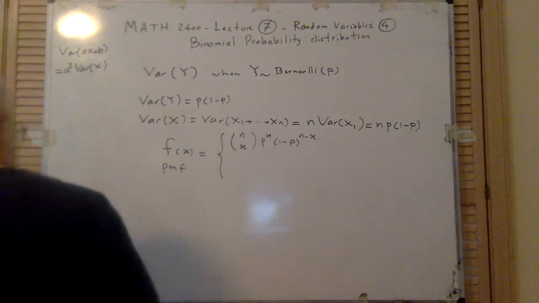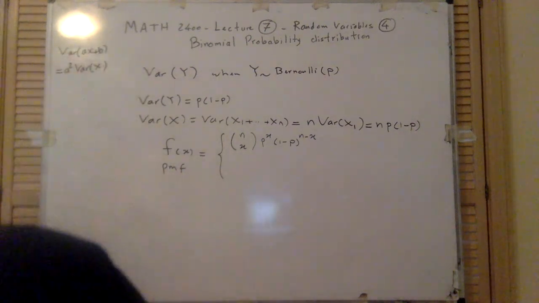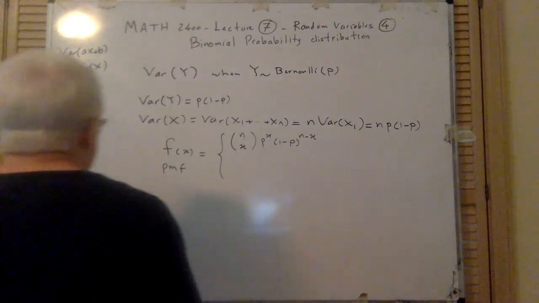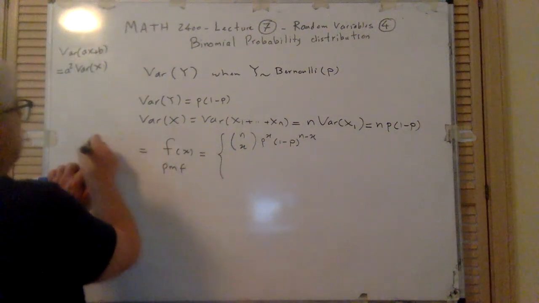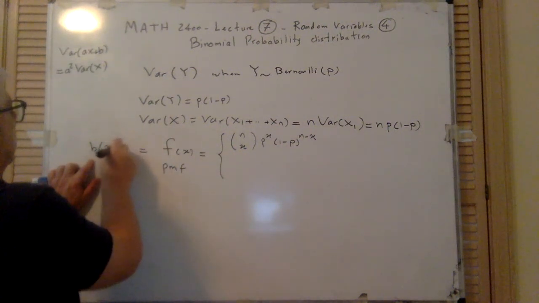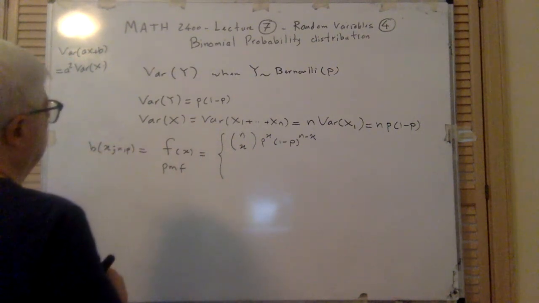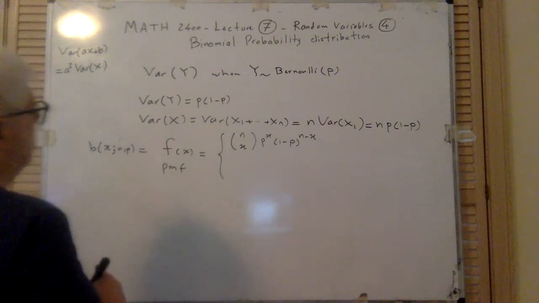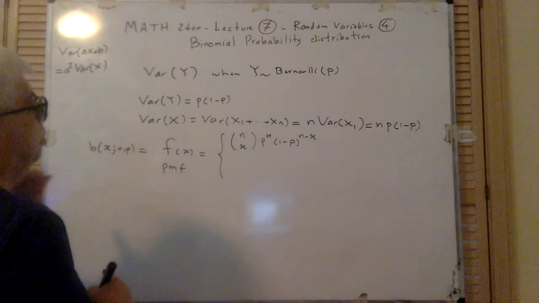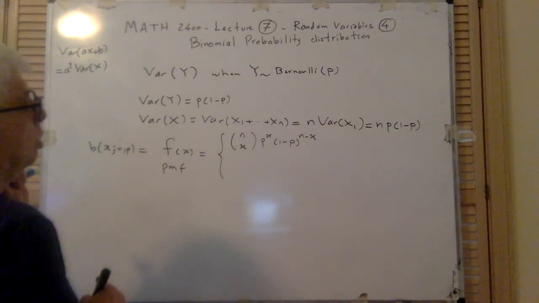Yes, it says B(x; n, p). So x is the number of successes, n is the number of tries, and p is the probability of one success.